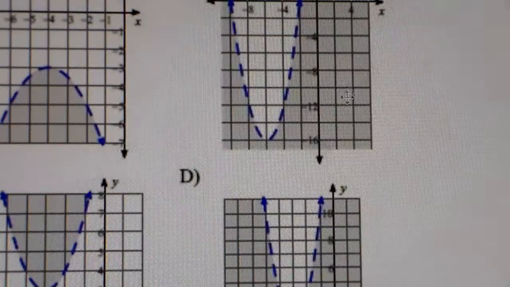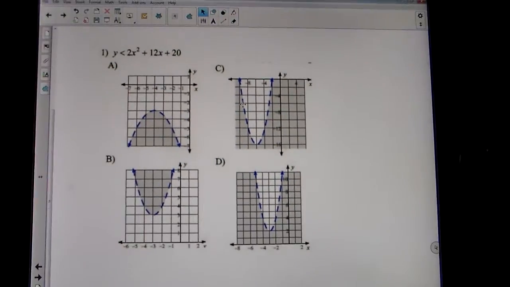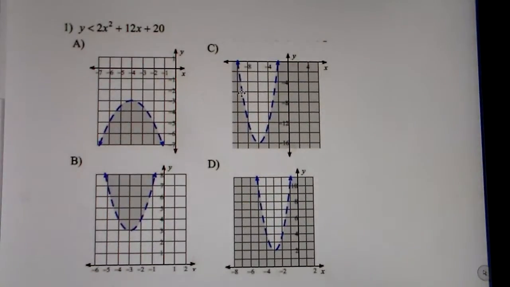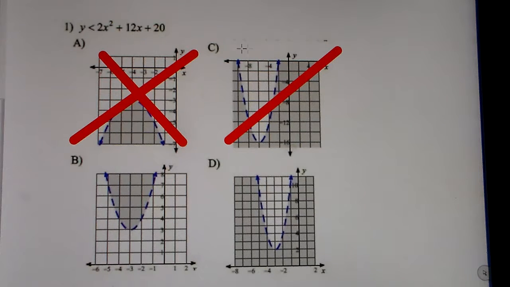So I'm going to put the graphing calculator away. Let's zoom back out. We could see that A and C are not the correct answer because the parabolas are not in quadrant number 2. So we're down to C, B, and D. Something we could also tell between B and D is the vertex.